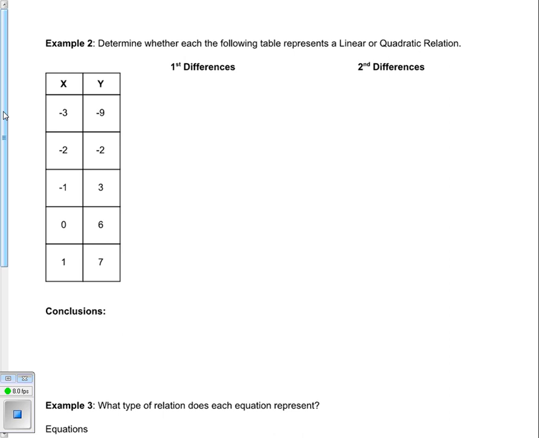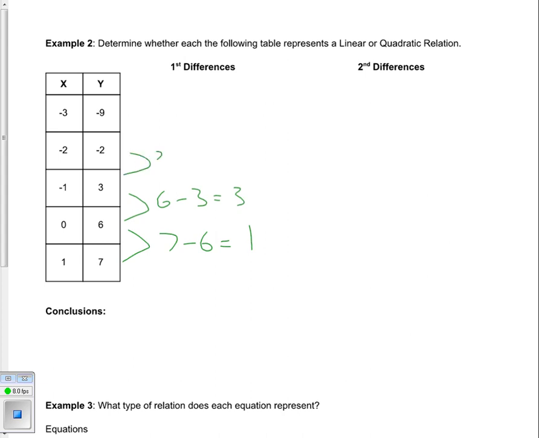So in example 2 here, we also have a table of values. And what we see in this table of values is that when we calculate the first differences, they're not likely to be the same. So if I subtract consecutive y values, for example, 7 minus 6, well, that equals +1. If I then continue on and I do 6 minus 3, that equals positive 3.